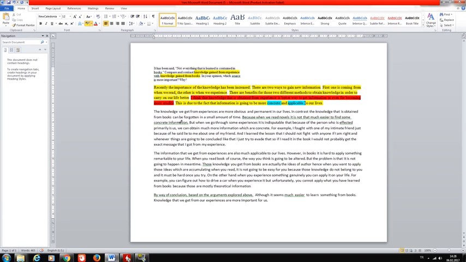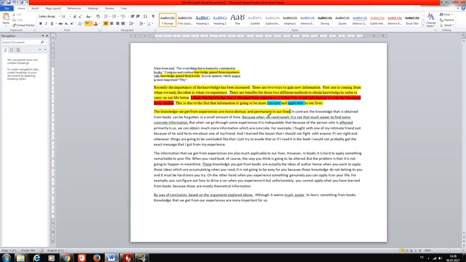In the first body paragraph, it's about giving examples and a clear image of why knowledge obtained from experience is a better way. So the knowledge we get from experiences is more obvious and permanent in our lives. It is just backing up the last sentence.